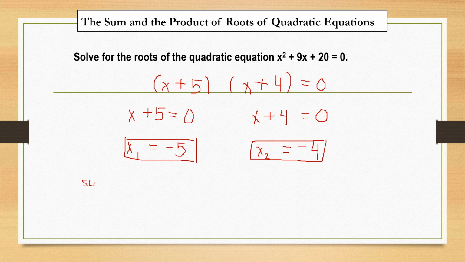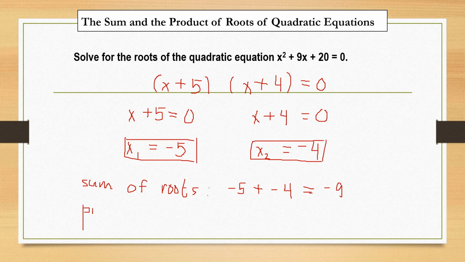Now, if we are asked to give the sum of the roots of the given quadratic equation, we say negative 5 plus negative 4 is equal to negative 9.